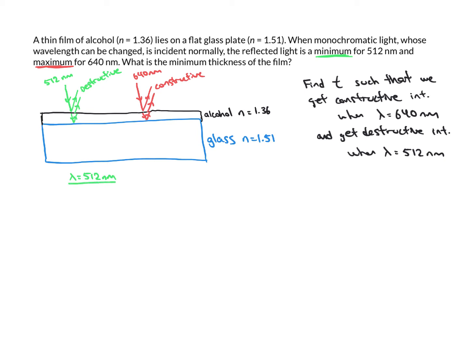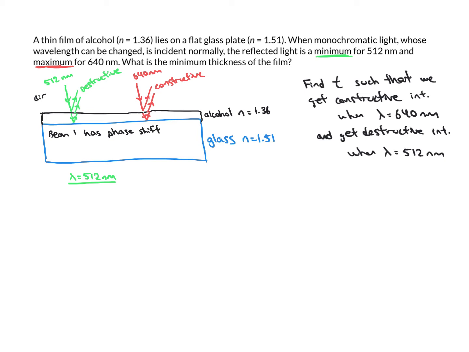First of all, let's analyze phase shifts. Beam 1, which is air to alcohol, that's going to involve a phase shift, because we're going from a faster to slower medium, air to alcohol.